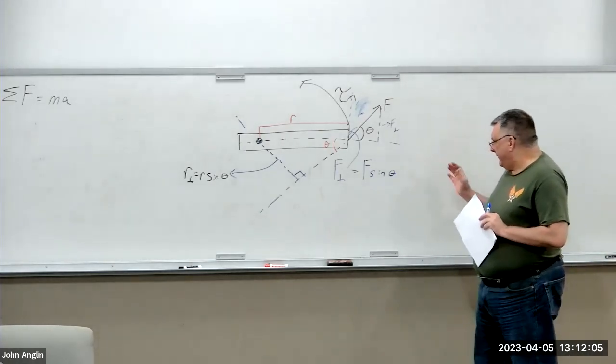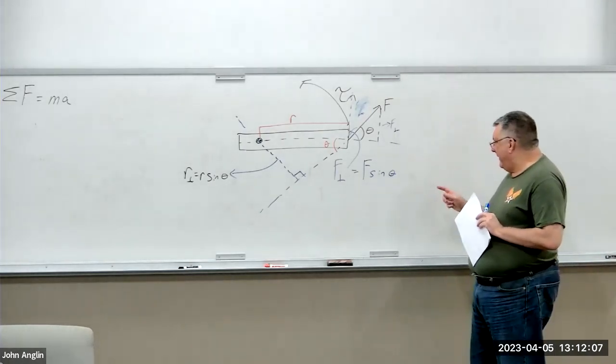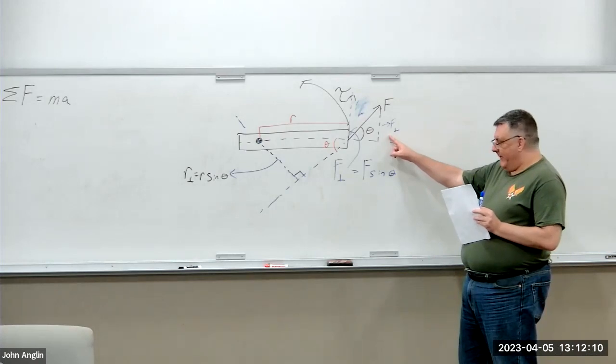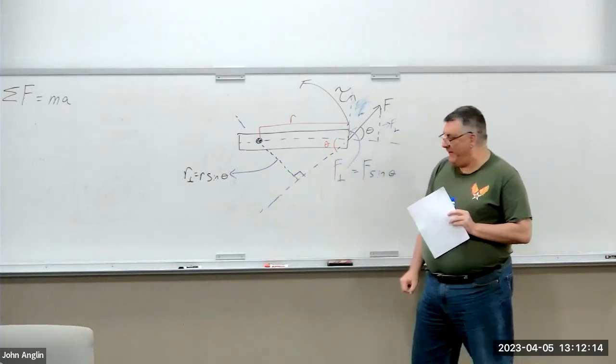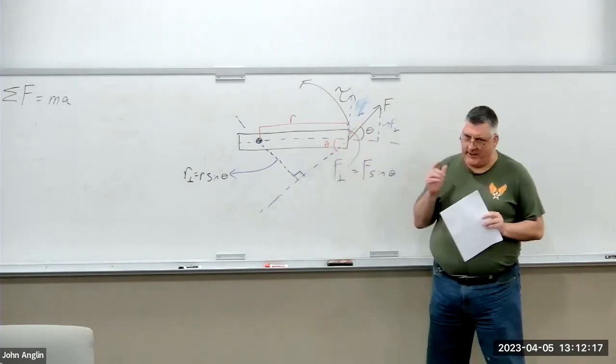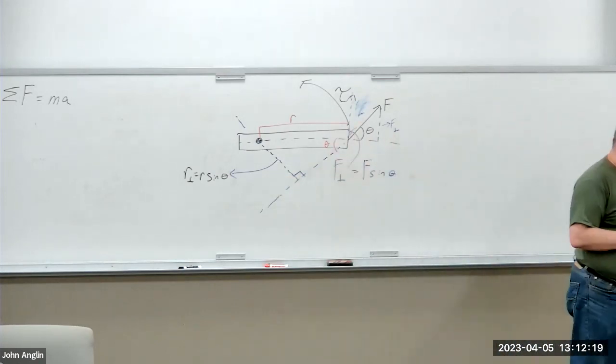So the point is that we can now find an F perpendicular and an R perpendicular. So we've just set up this kind of new coordinate system.